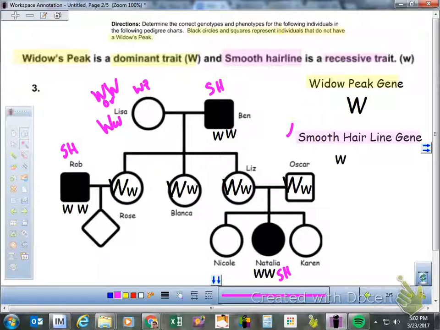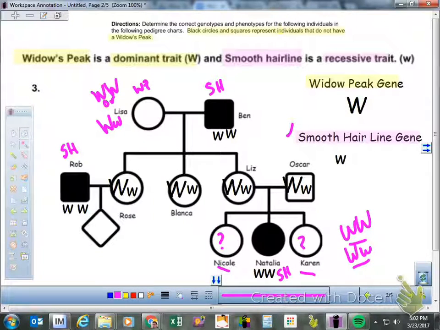And finally, let's go to Nicole and Karen. That's the same situation. Both parents are heterozygous, and therefore we can't tell for certain; both Karen and Nicole could be either homozygous dominant or heterozygous.